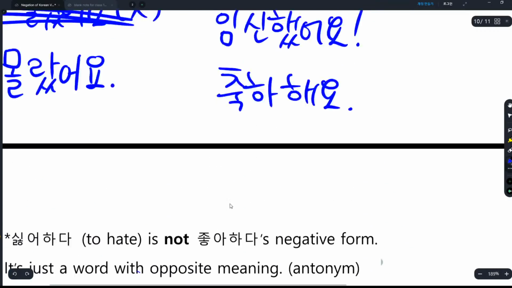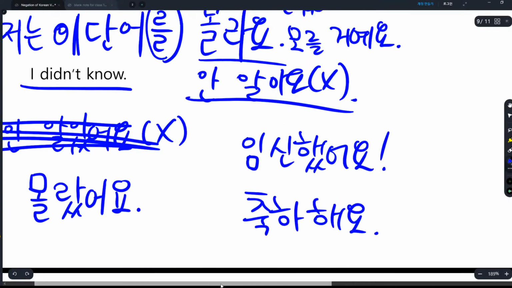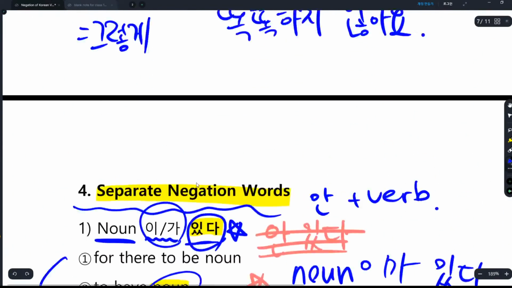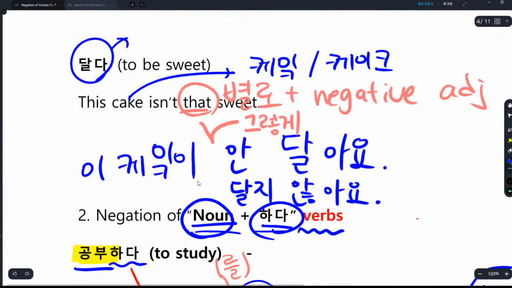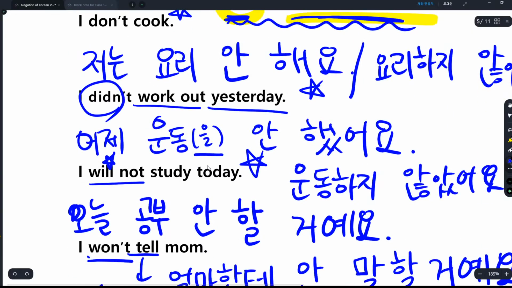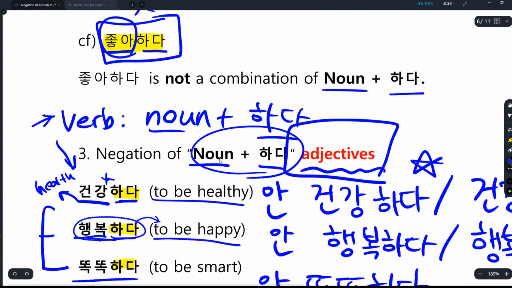Okay guys, that's it for today's lesson. We learned how to conjugate Korean verbs, adjectives, and 이다 verbs, and we also learned some of the exception rules that we have to take note of to speak more naturally and correctly.